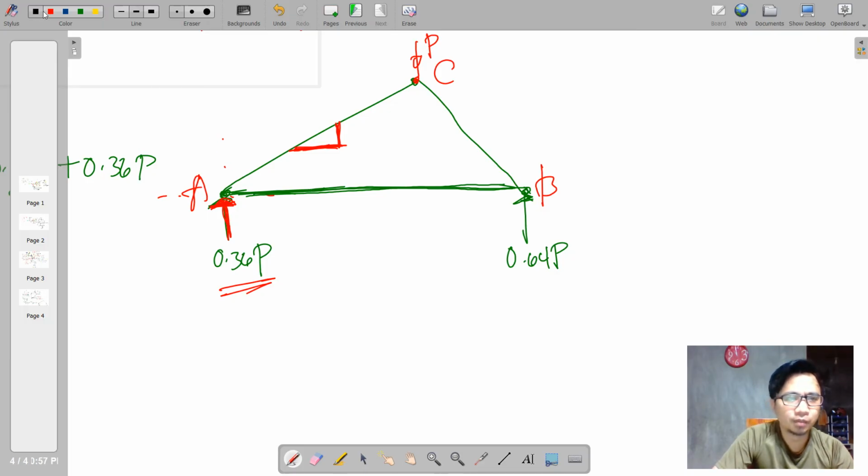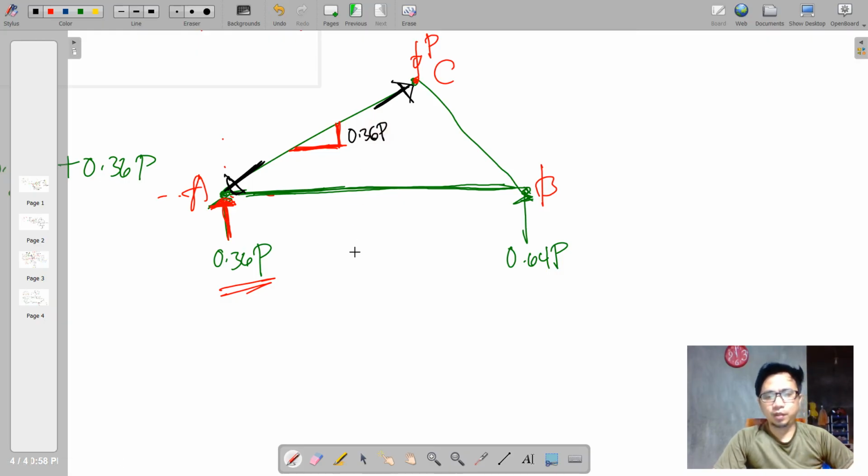And when that happens, it is obvious that its direction should be towards the joint so that its vertical component will be equal to 0.36 of P. Okay, that's it.